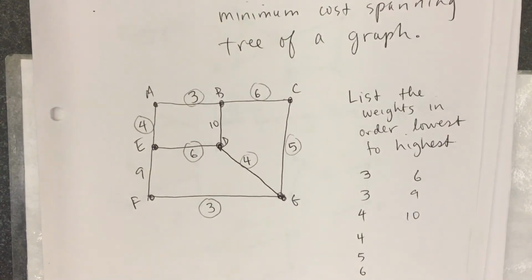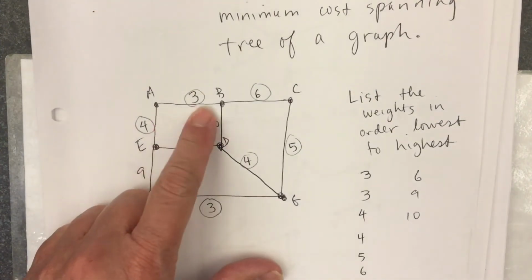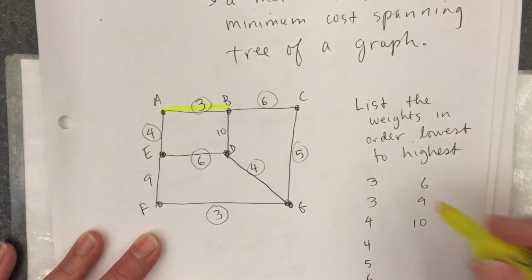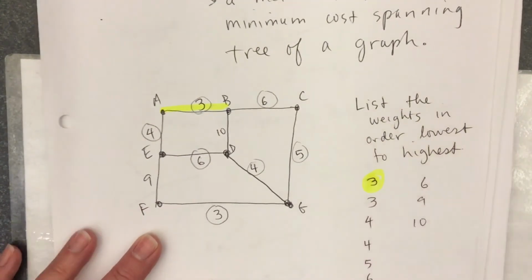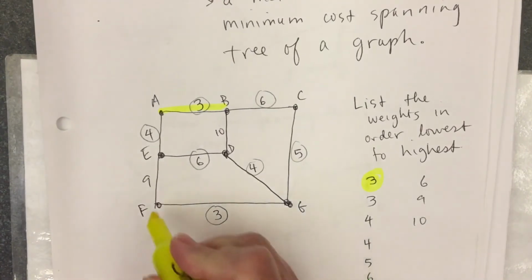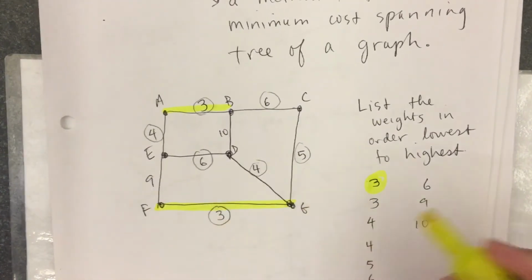Then you start selecting from the smallest ones. The edges you select do not have to connect as you go, but they're going to connect when you're done. So I look at A to B is 3. We'll take that one. Let me mark it here that we used a 3. There's another 3, F to G. We'll take that one.